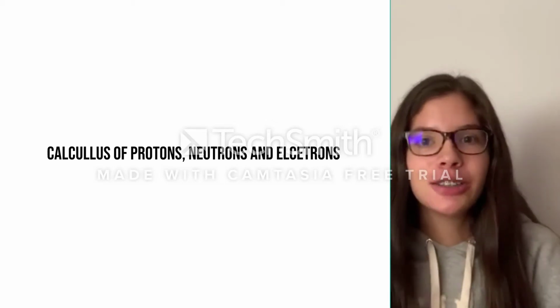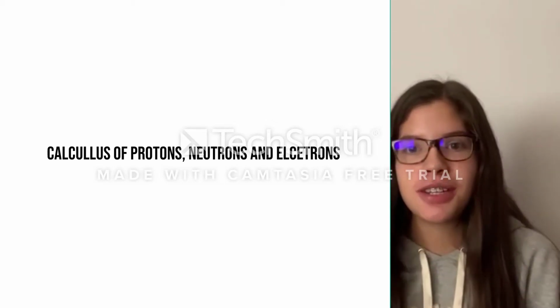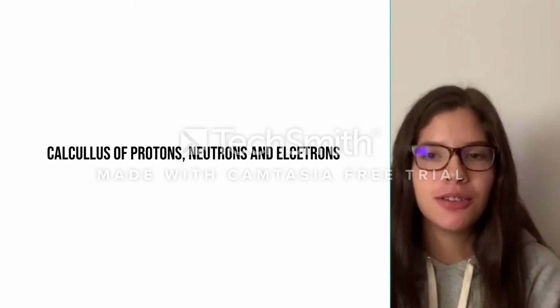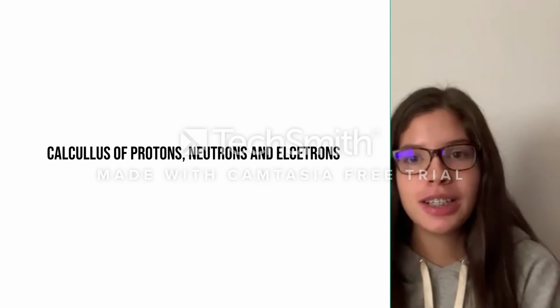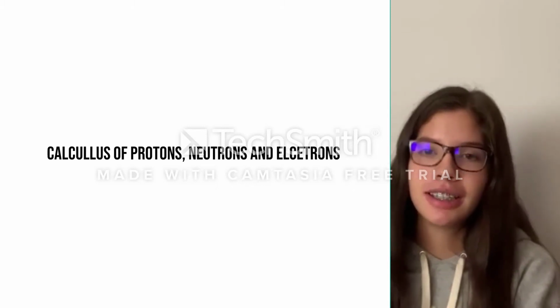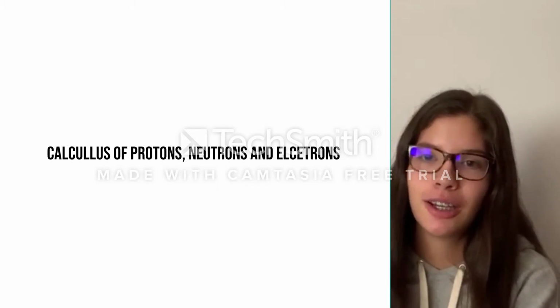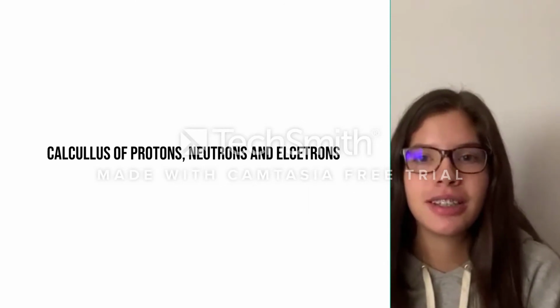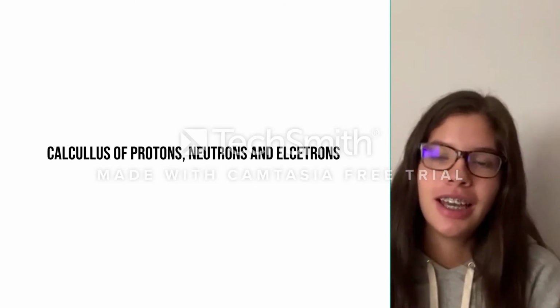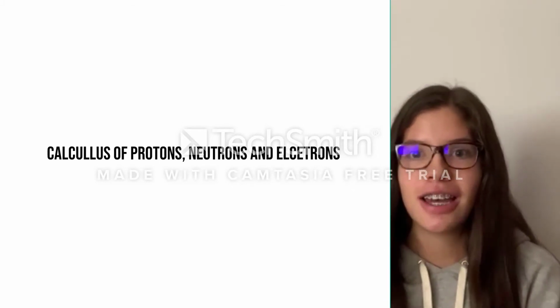For you to calculate protons, electrons, and neutrons, we need to know the atomic mass and the atomic number of the element. The number of protons and electrons is always equal to the atomic number, and the atomic mass is a combination of protons and neutrons. There is a difference between the calculation for a neutral atom and a charged atom.